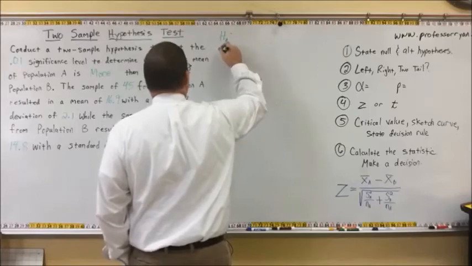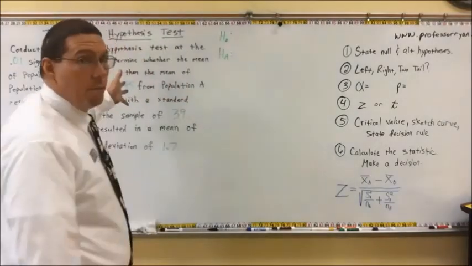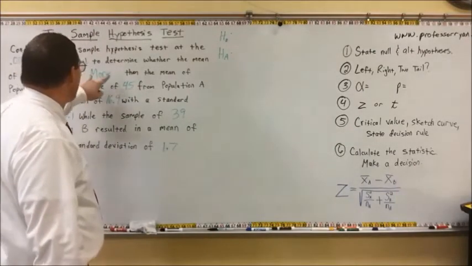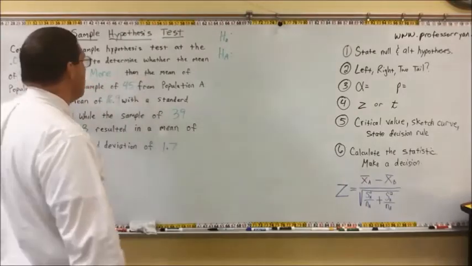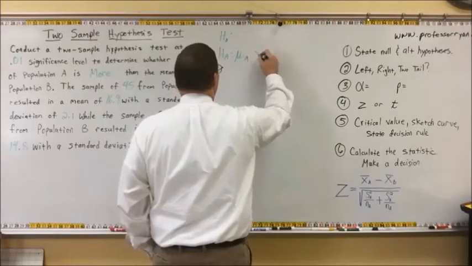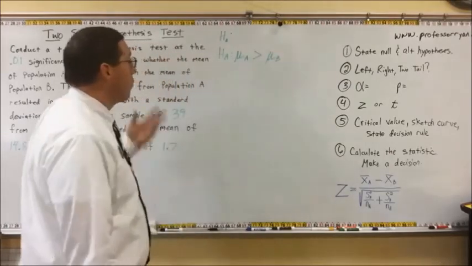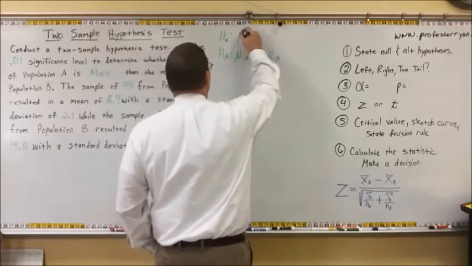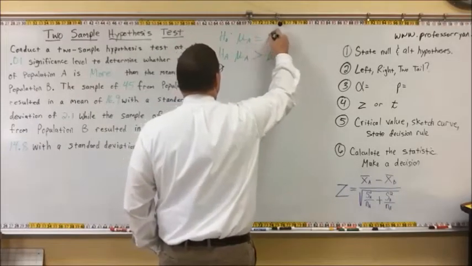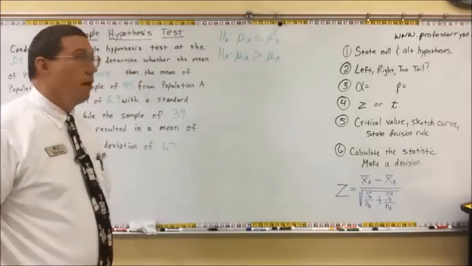We're conducting a hypothesis test to determine whether the mean of A is greater than the mean of B. So the alternative hypothesis is that the mean of population A is greater than the mean of population B. And therefore, the null hypothesis is that the mean of population A is less than or equal to the mean of population B.